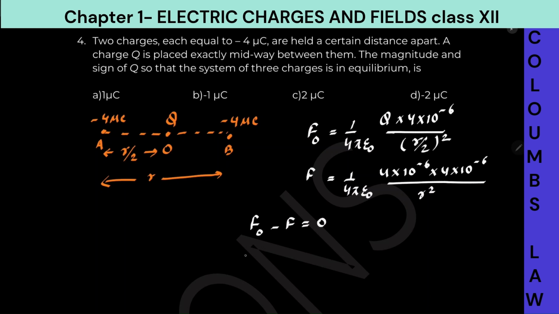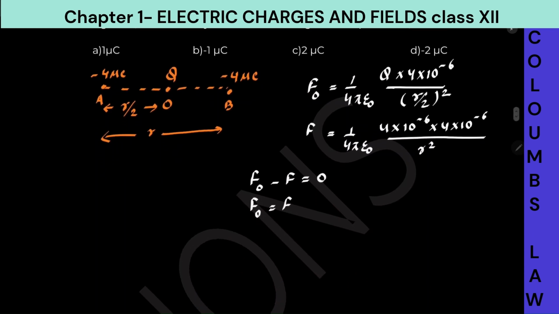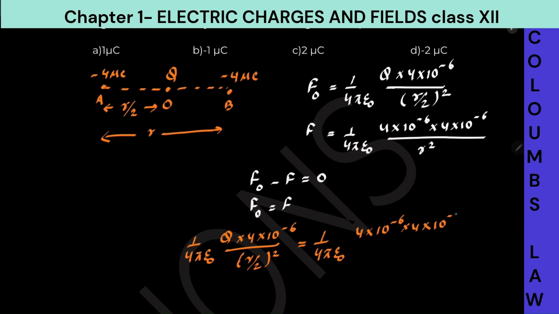Let's take one term to the other side, as we did in the previous problem, so that things cancel out. F naught, which is 1 by 4 pi epsilon naught Q into 4 into 10 to the power minus 6 whole divided by R by 2 whole square, equals 1 by 4 pi epsilon naught, 4 into 10 to the power minus 6 into 4 into 10 to the power minus 6, whole divided by R square.